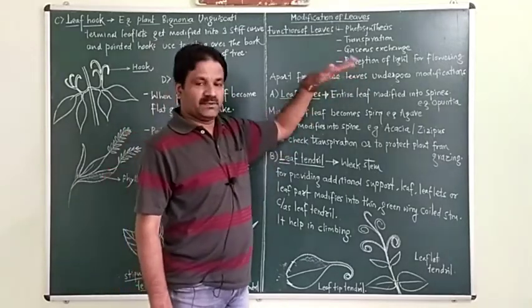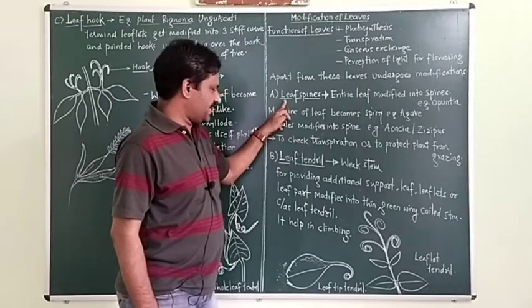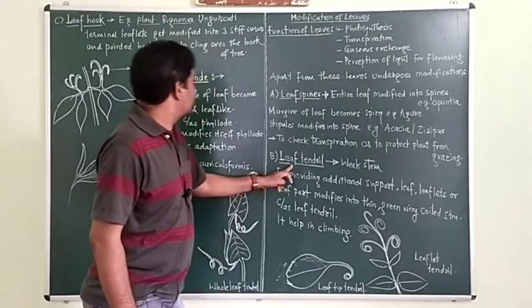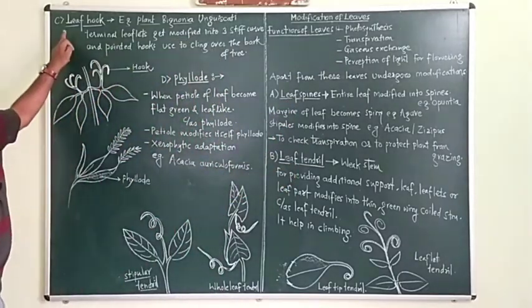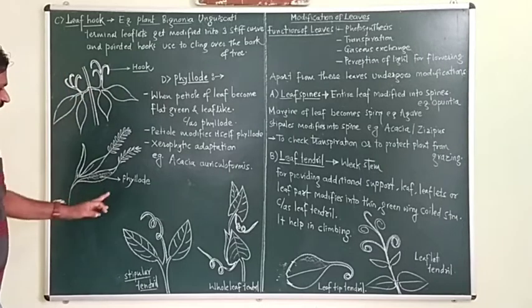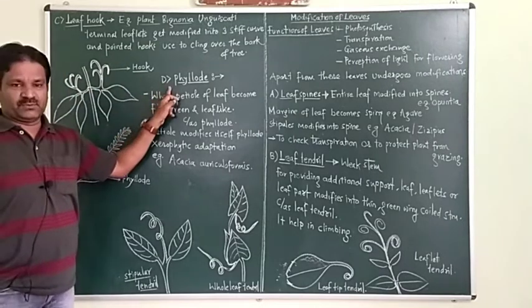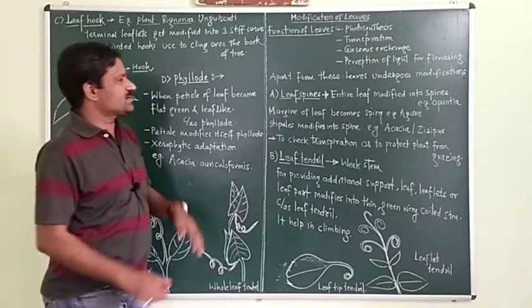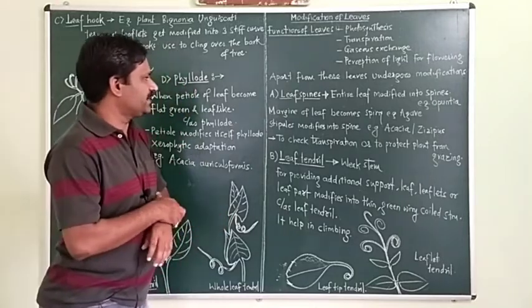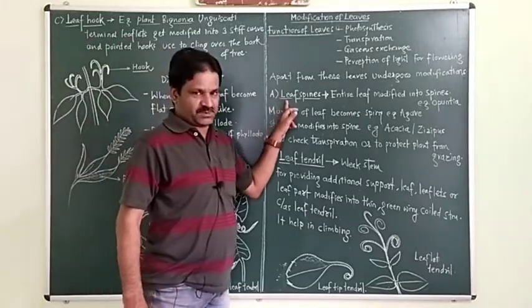They show modifications like leaf spines, leaf tendrils, leaf hooks and phyllodes. These are the modifications of leaves. The first one is leaf spines.